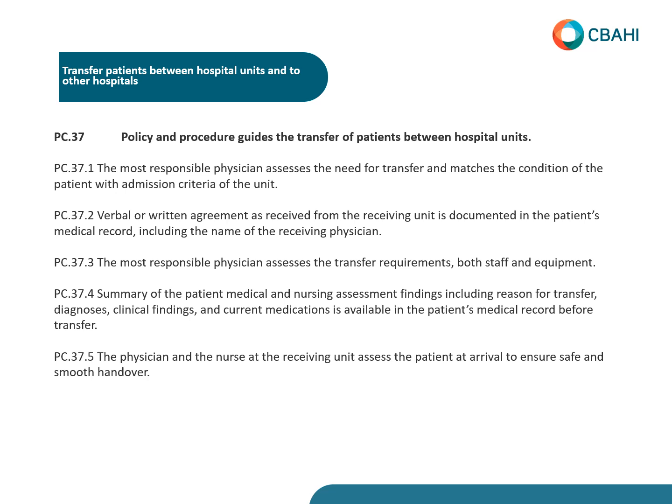The MRB assesses the transfer requirements, both staff and equipment. A summary of the patient medical and nursing assessment findings, including reason for transfer, diagnosis, clinical findings, and current medications, is available in the medical record. Before transfer, the physician and the nurse at the receiving unit assess the patient at arrival to ensure safe and smooth handover.